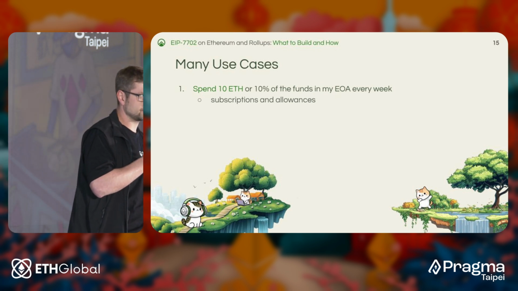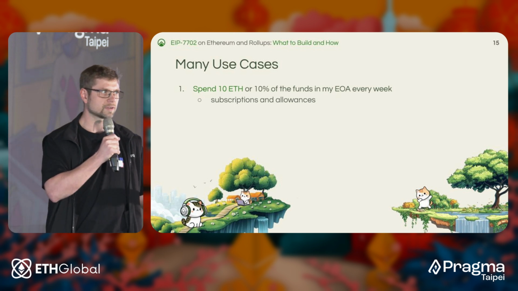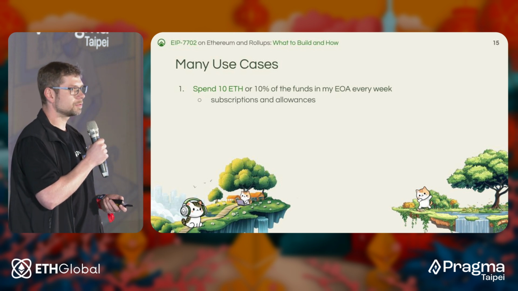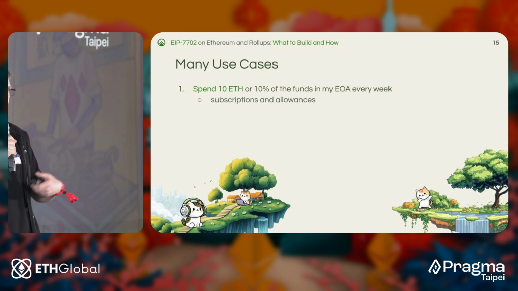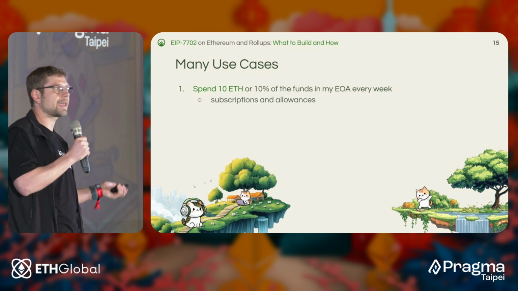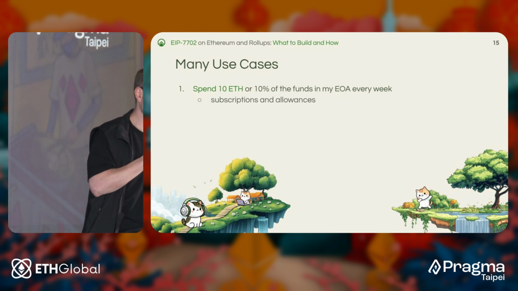That can be ETH, it can be absolute amounts of ETH, it can be percentages of ETH over some kind of an interval. So you can very easily start using this to build subscriptions or allowances. For example, let an AI bot spend 10% of your account every single week or something like that.